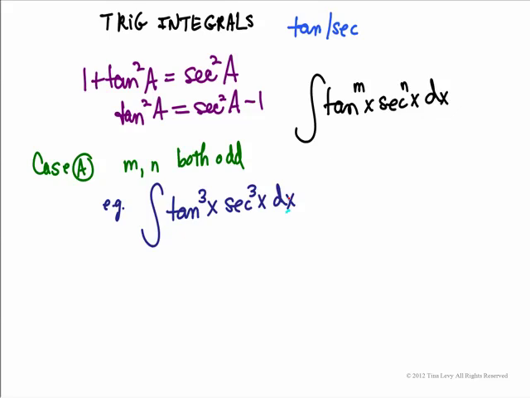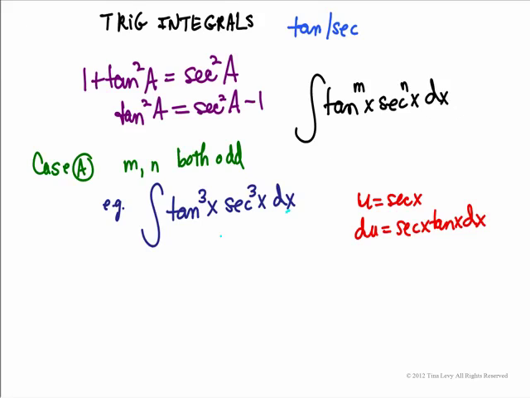In looking at this, I'd like to have a choice for u. If I let u be secant x, then the derivative of u is secant x tangent x dx. That means I just have to pull 1 from the tangent cubed and 1 from the secant cubed.